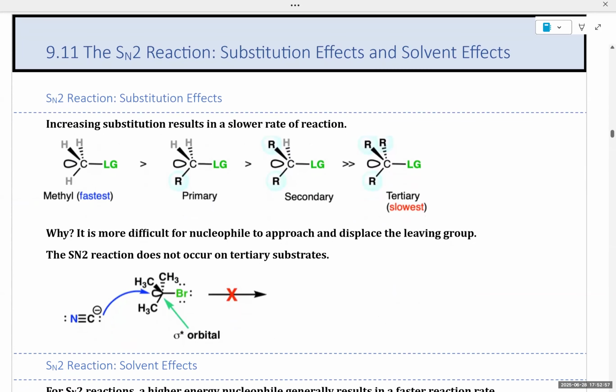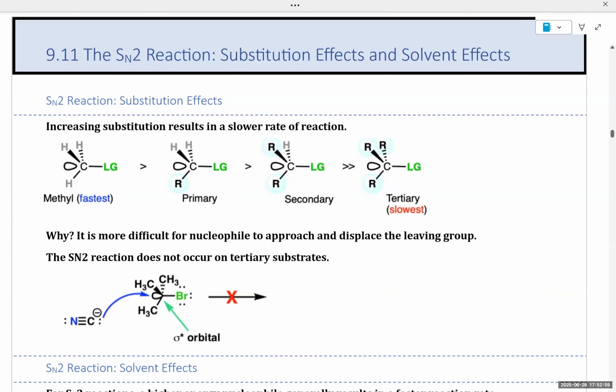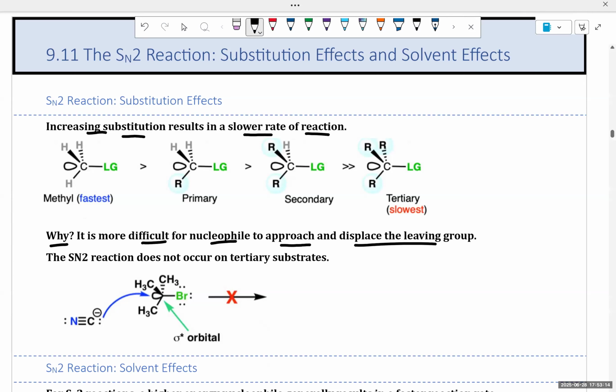Let's talk now about the SN2 reaction in terms of substitution and solvent effects. Increasing substitution results in a slower rate of reaction. Why? It's more difficult for the nucleophile to approach and displace the leaving group. Importantly, and I want you to keep this in mind, the SN2 reaction does not occur on tertiary substrates. It is too hindered.